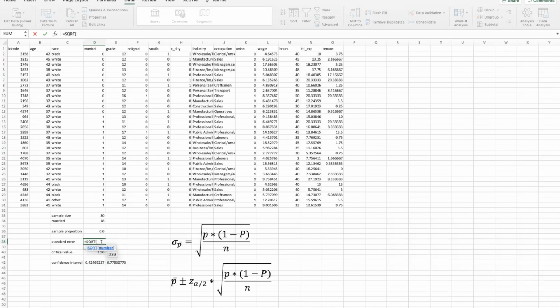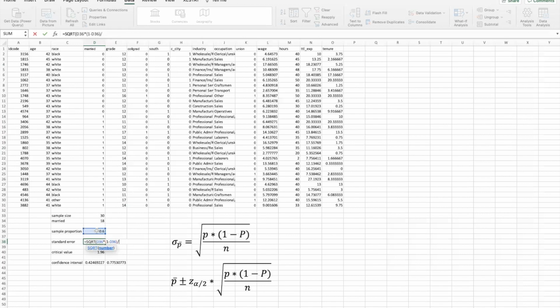And then you will see first, we need to get the numerator. So the numerator will equal the sample proportion times, you need to put the left parenthesis, 1 subtract the sample proportion. So from here, we just make the numerator.